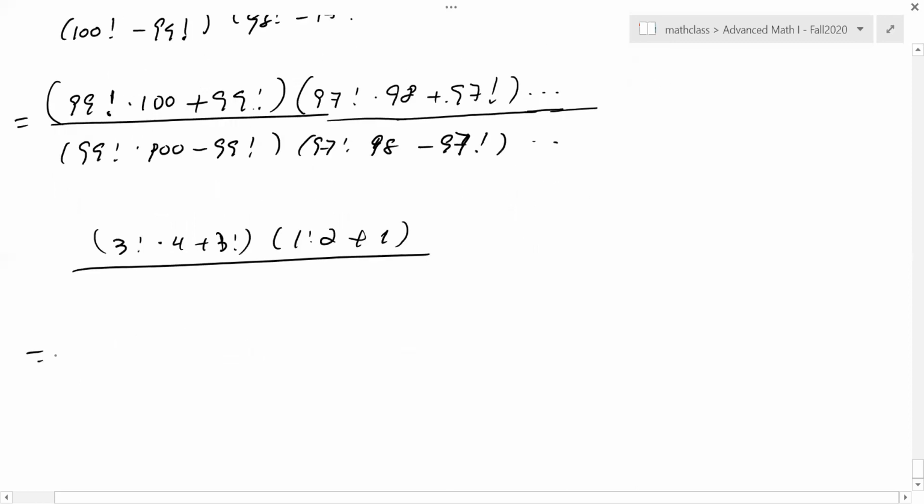So you do have a common factor, 99 factorial, 97 factorial, and then together with this will be canceled out. So you have a 101, 99, and so on. It's 5 and 3.